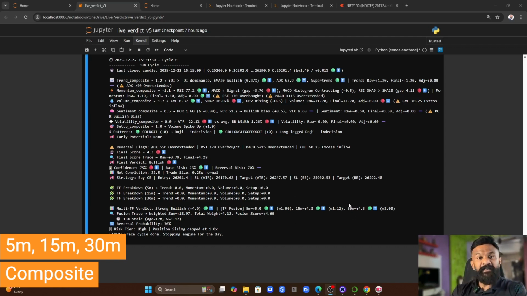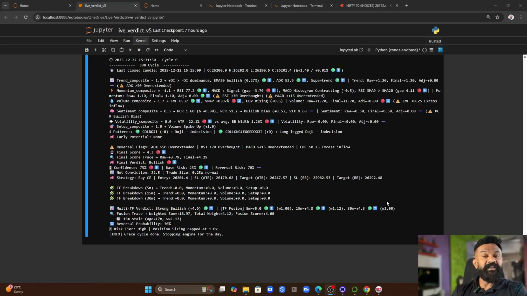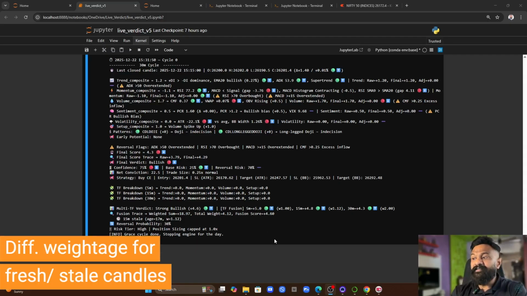Likewise, if the 30-minute candle is fresh, the weightage is different. And if these candles are not fresh, because the 5-minute candle we get every 5 minutes, but at that time we will not have fresh 15-minute and 30-minute candles, then the weightage is different. So this is a very important engine, and it is very effective in telling me the direction, whether it's going to go bullish or bearish.